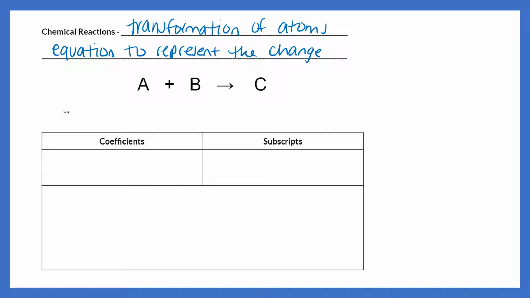So here's our equation. A plus B makes C. A and B are what we call reactants. C is what we call the product. Reactants make products.